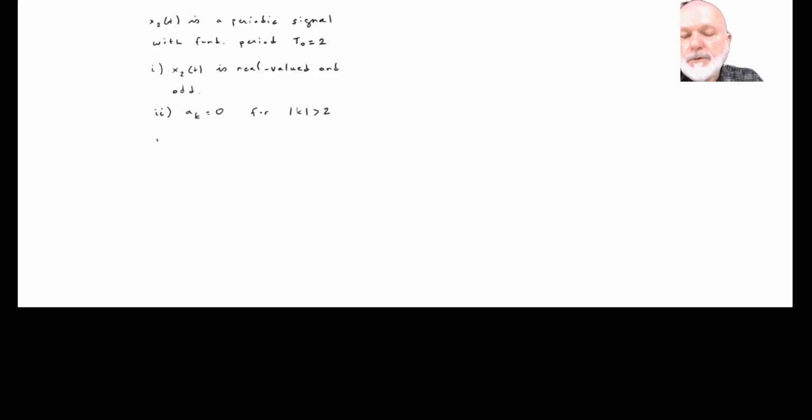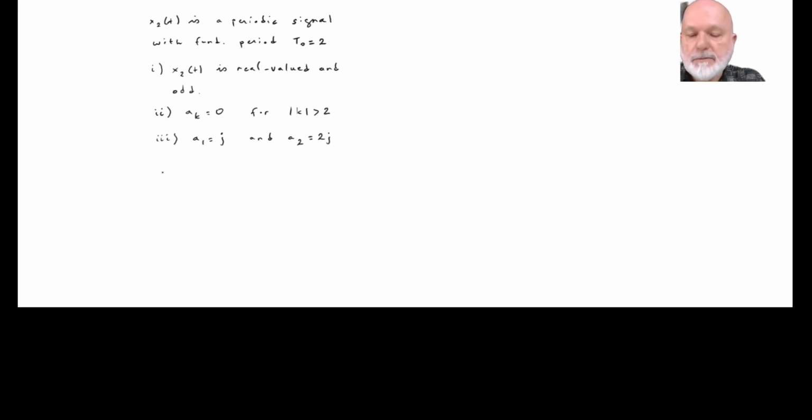The third information is A1 is equal to j and A2 is equal to 2j. Okay, so we have these statements given as information related to the signal x2 of t.